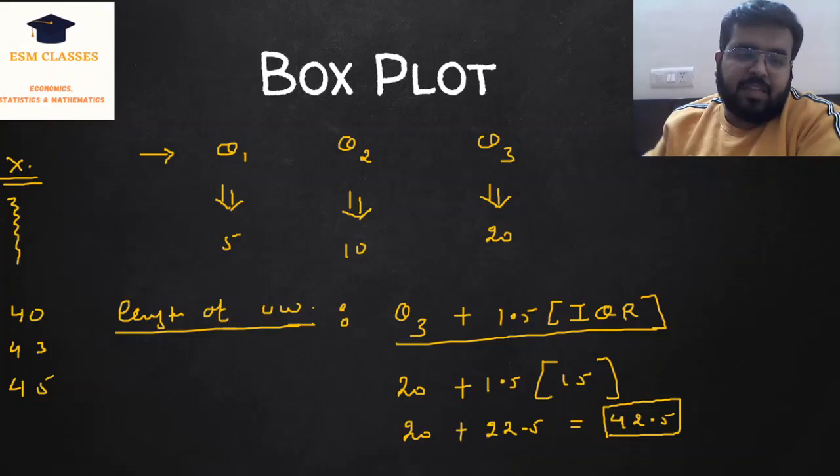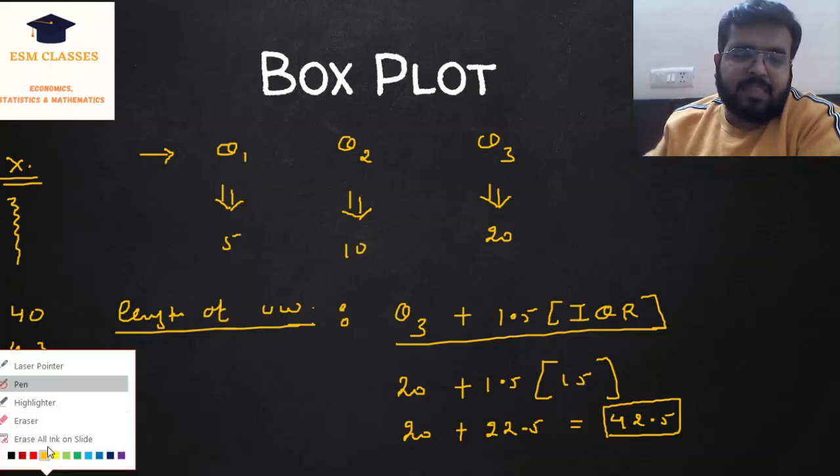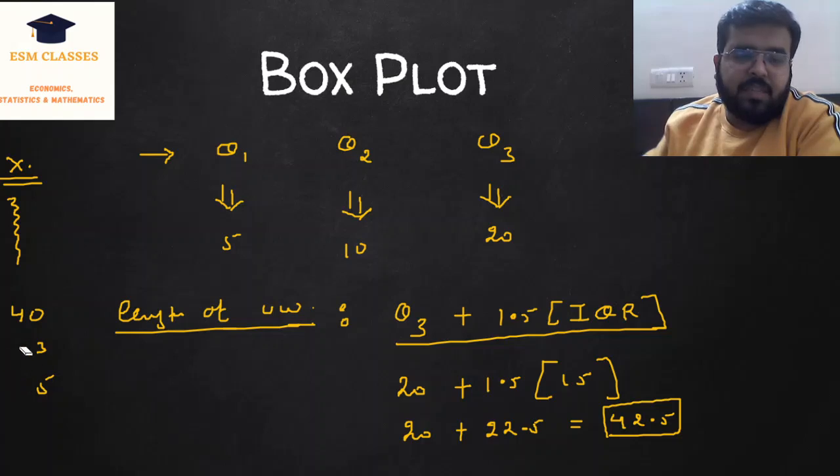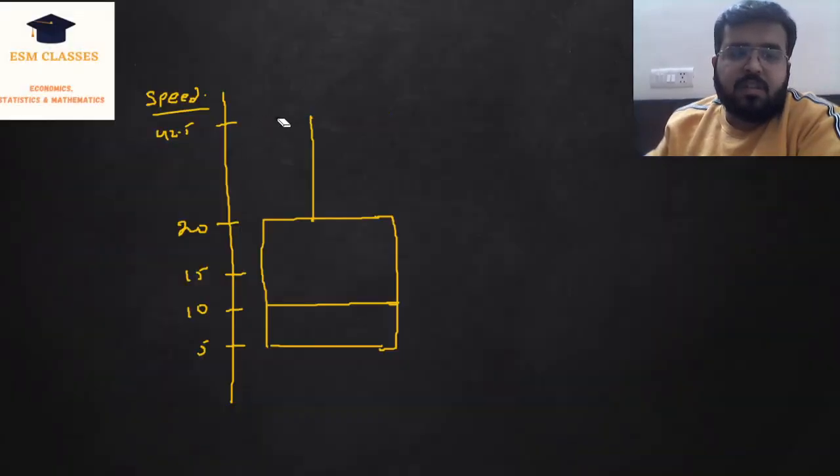But let's say my data set is only up to 40. In this case, we need to draw the whisker till 40 and not till 42.5. So let's say this is 40.